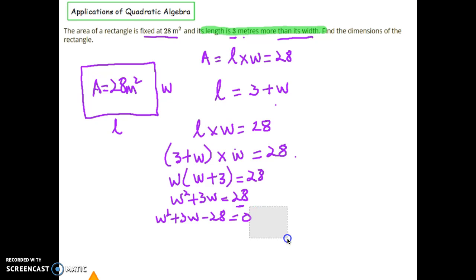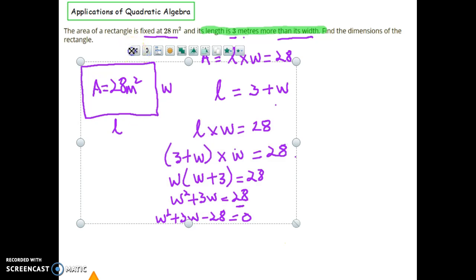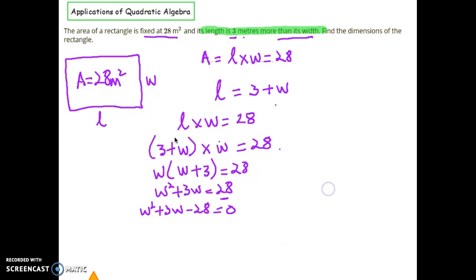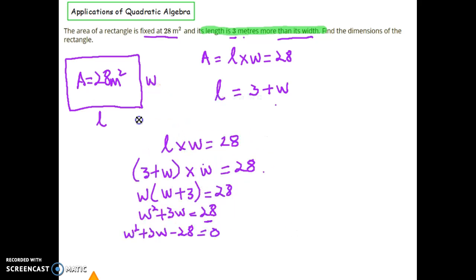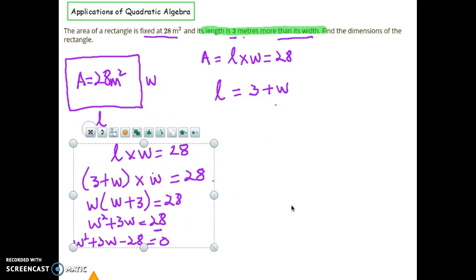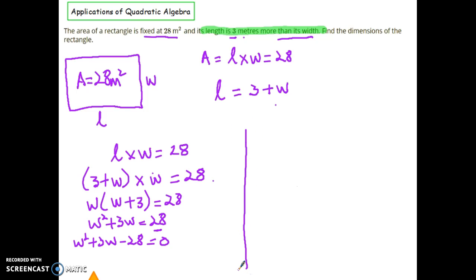So I have W squared plus 3W minus 28 equals 0. Quadratic trinomial, the easiest way to solve this is, can I get factors of 28 that add to 3?